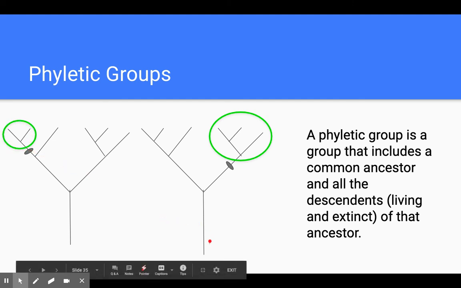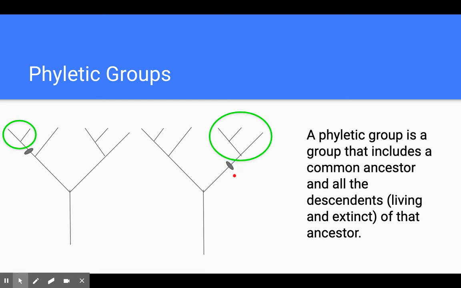If we look over here, this node represents some derived characteristic. All of these have that characteristic and share this common ancestor, so that would also be a phyletic group. I know this is a little bit confusing, and I'm going to link a couple videos in our Unit 2 page that's on Canvas that will hopefully help you if you want to understand this more.